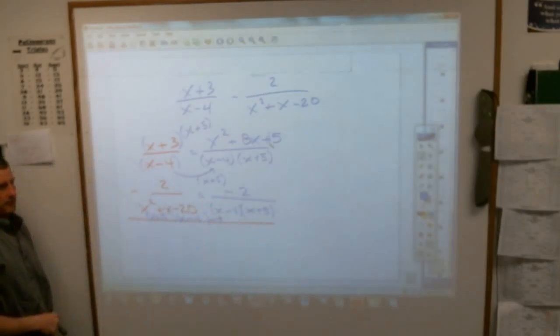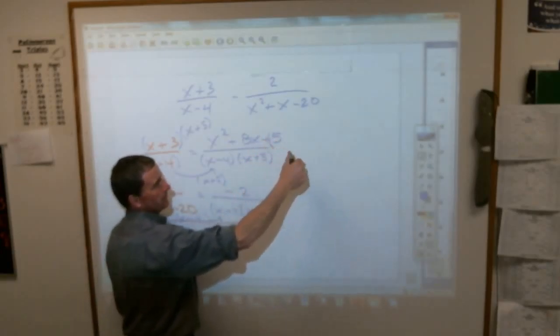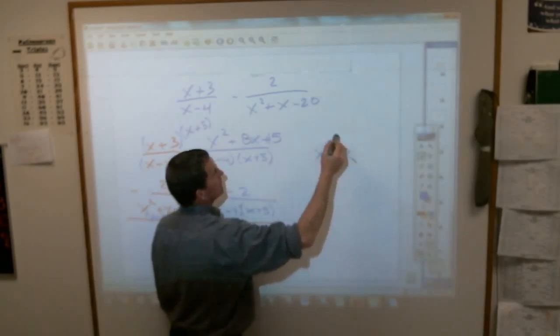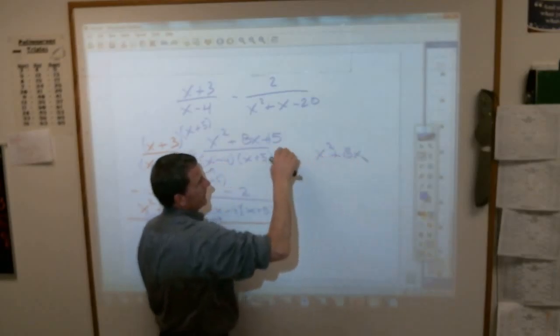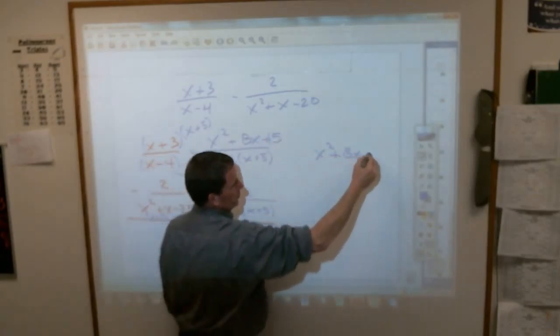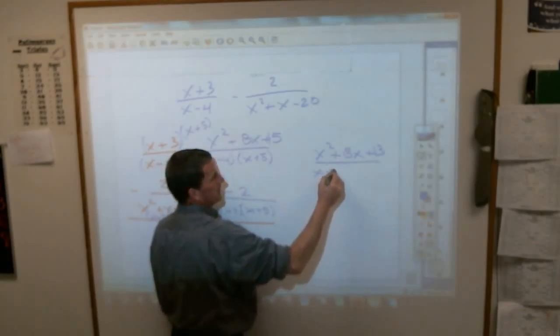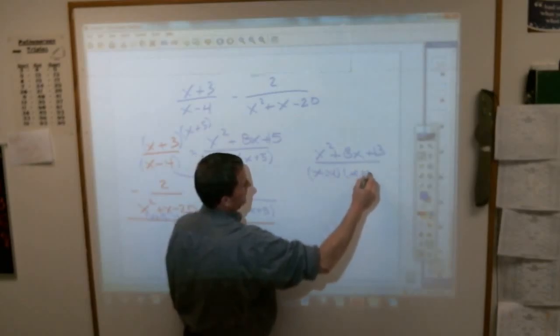Then, Calvin, I can actually take this 2 away from that 15 to give me x squared plus 8x, and I can take 15 minus 2 and get 13, all over x minus 4 times x plus 5.